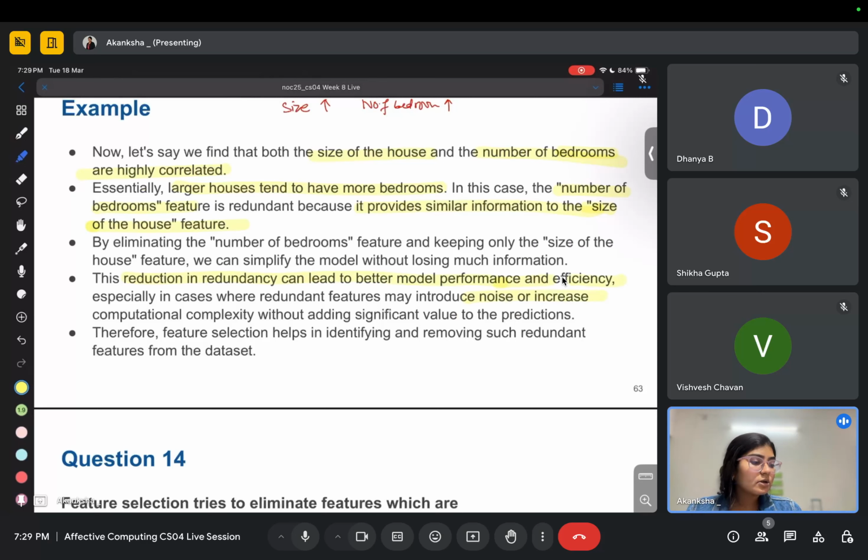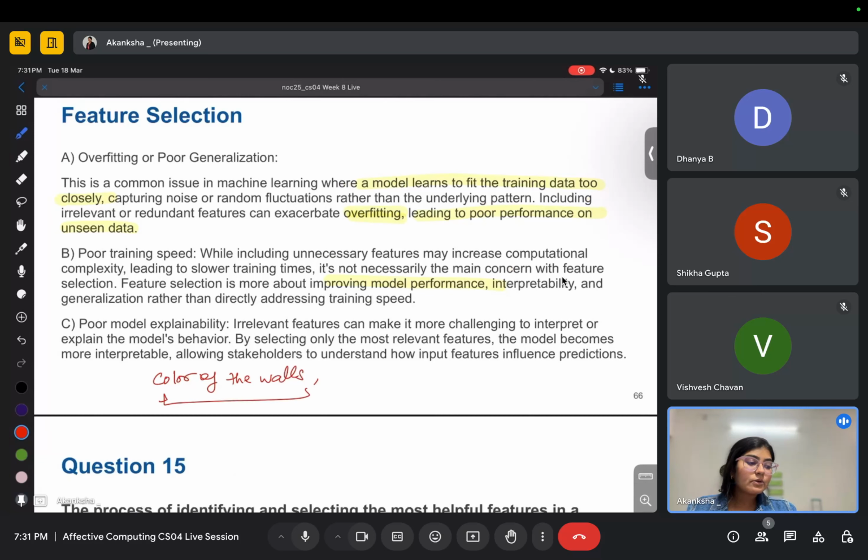Let's say in house price prediction, another feature comes in, the color of the walls. Okay? And maybe it is the case that this is changing. Let's say yellow, pink, everything is going on. The model is trying to predict the house prices, but is it a relevant feature?